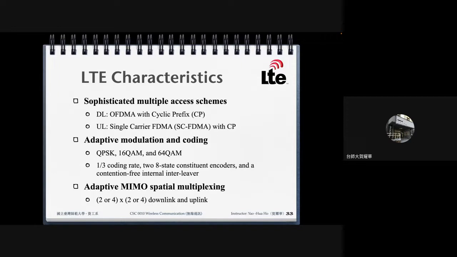We learned about QPSK and QAM, so they are using these modulation techniques for LTE. They also use adaptive multiple input, multiple output antennas for upload and download, using 2 or 4 on each.